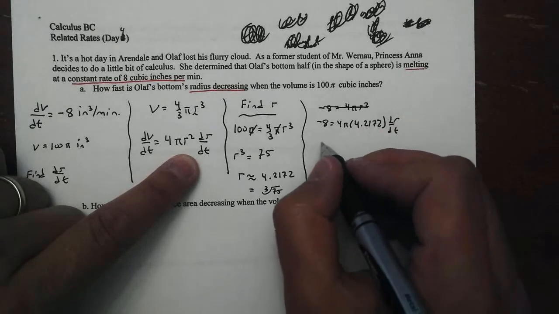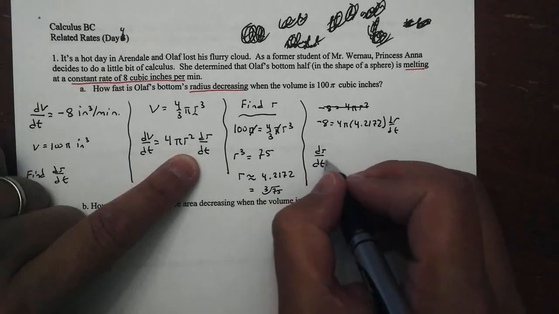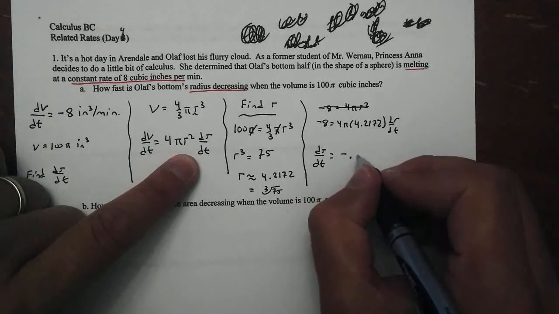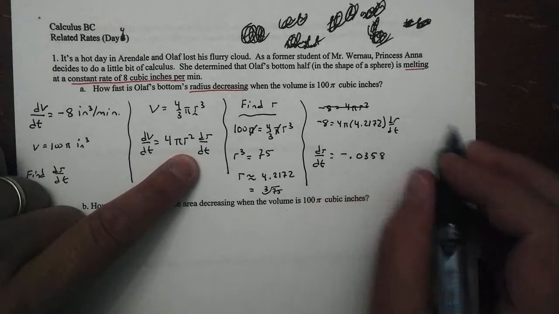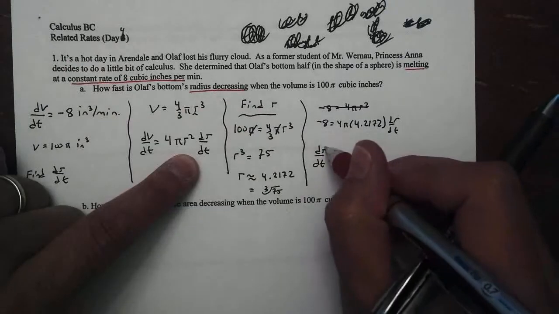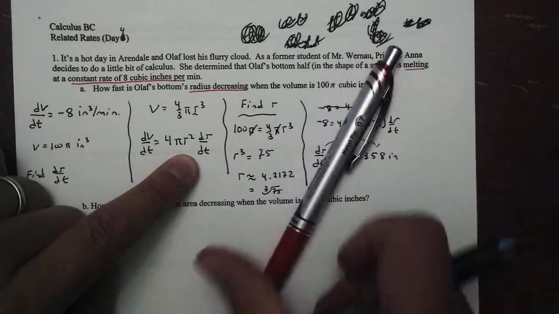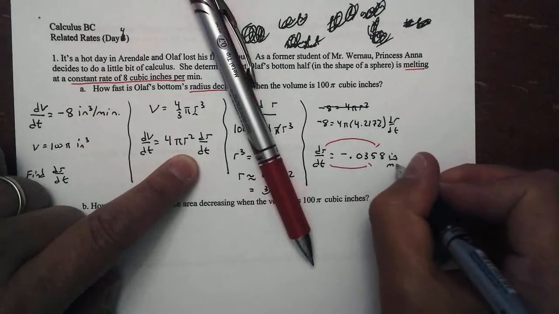And when we solve for dr/dt, I'm going to use my calculator here, and you would get negative 0.0358. And the units, remember, radius is measured in inches, and time is measured in minutes. So it's inches per minute.